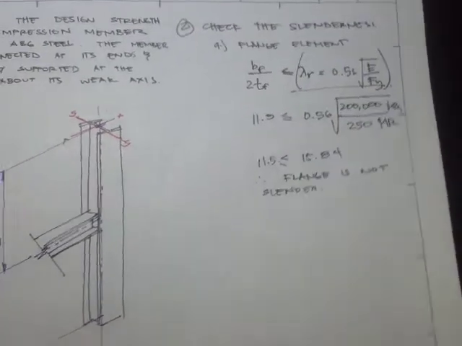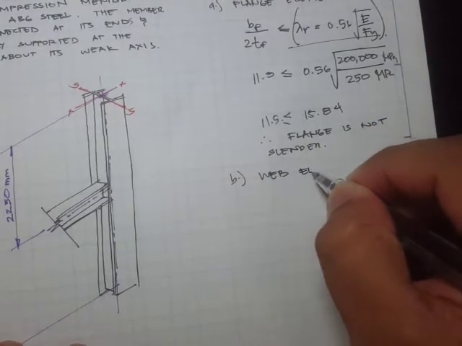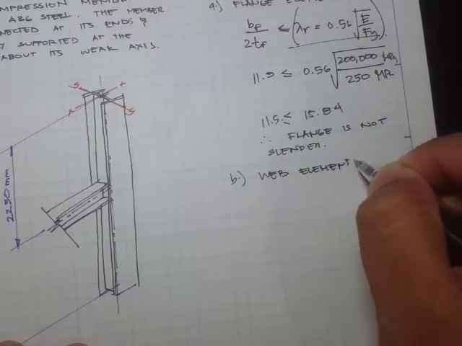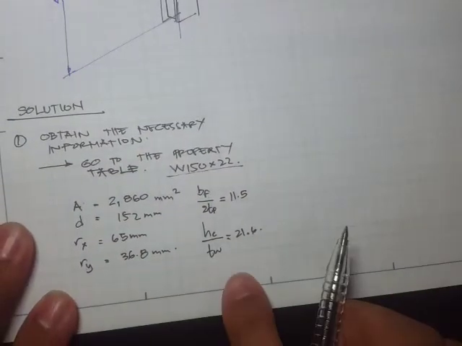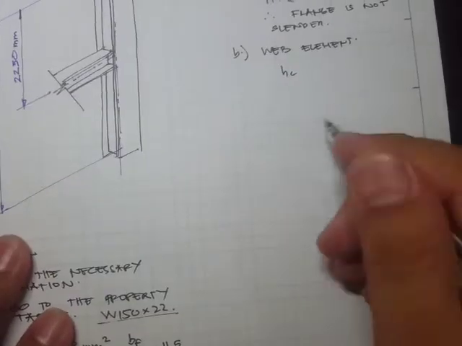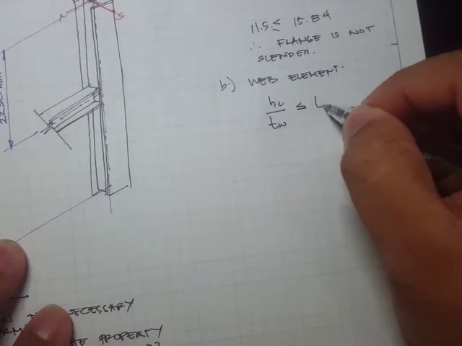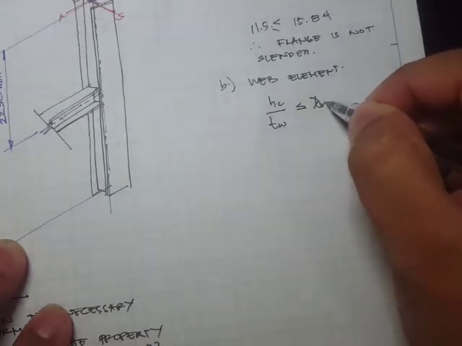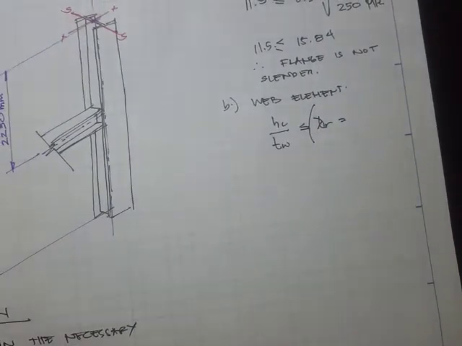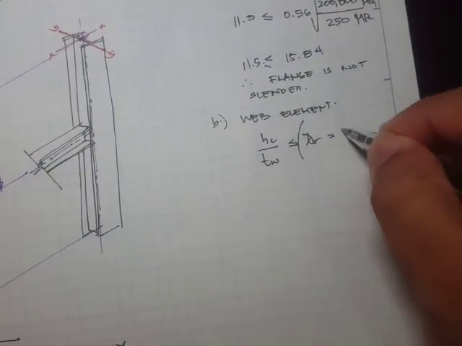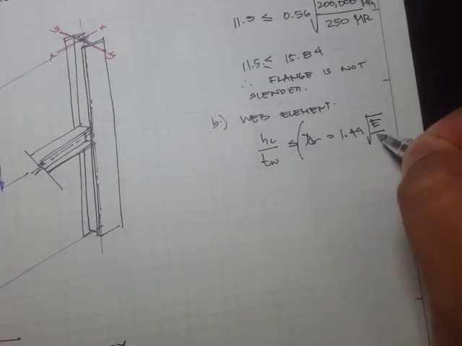Now we'll check the web element. For the web element, we have this value 21.6, and we are going to compare that to the limiting width to thickness ratio. The condition is 1.49 square root of E over Fy.